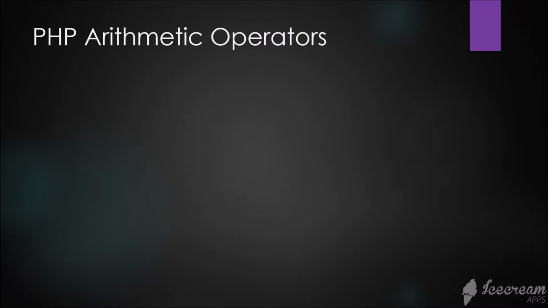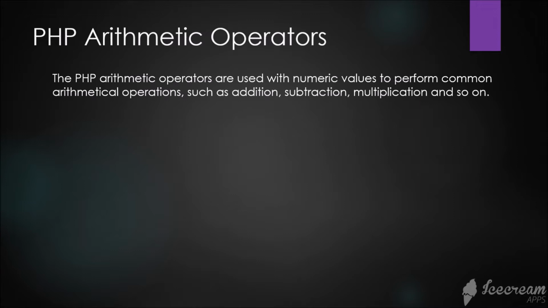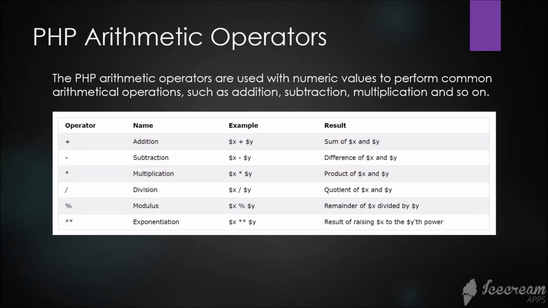Okay, so PHP Arithmetic Operators. The PHP arithmetic operators are used with numeric values to perform common arithmetical operations such as addition, subtraction, multiplication, and so on. Okay, so these are the samples of our arithmetic operators. We have here our operators. For the addition, which basically gets the sum of two values.